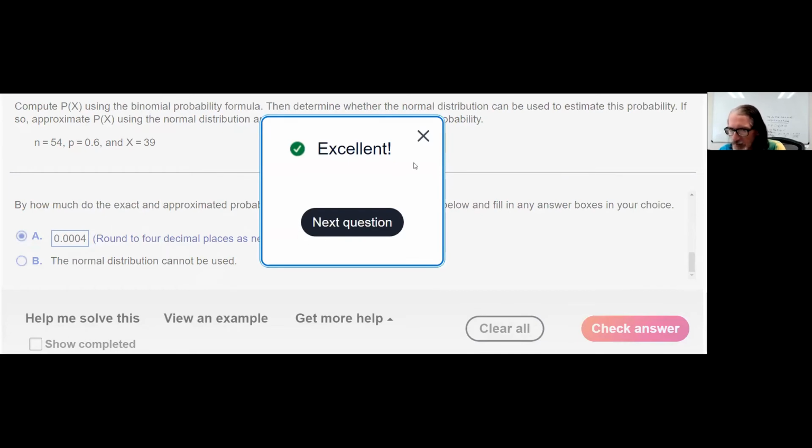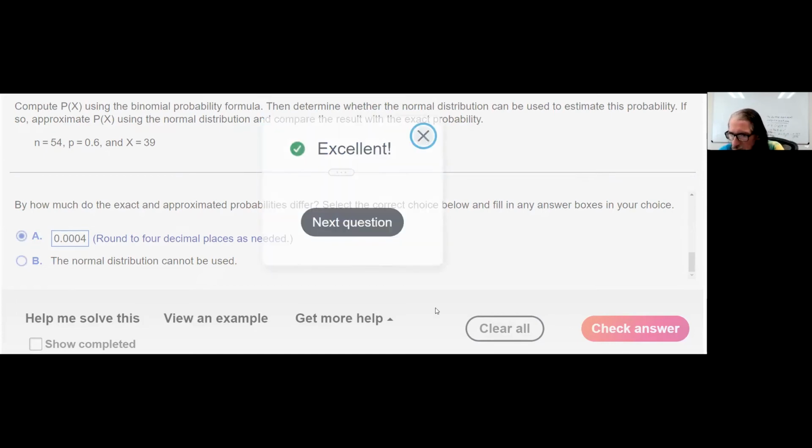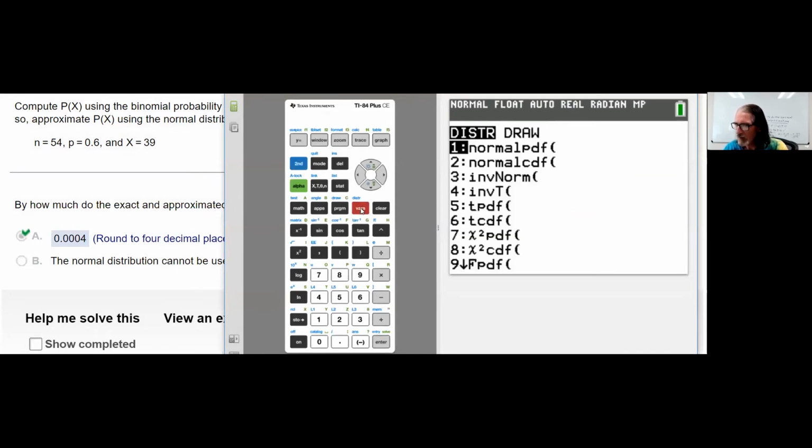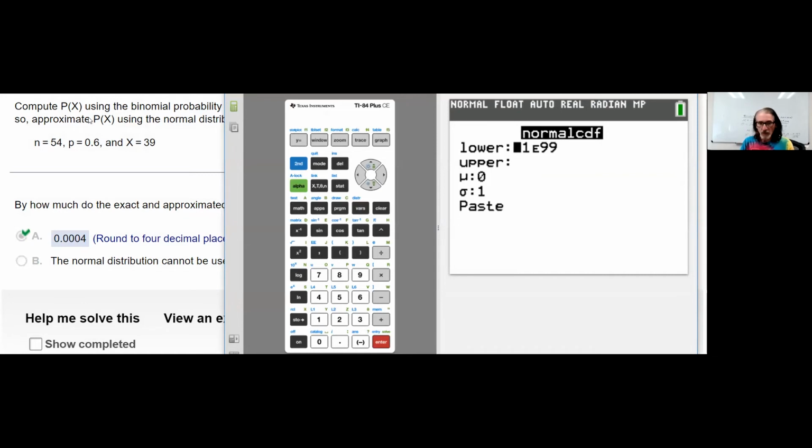Before going on to something else though, I want to show you another option. That would be under our distributions here. Go to normal CDF, and without needing the z-scores, we would be going 38.5 to 39.5. We don't need the z-scores because we've got the mean of 32.4 and the standard deviation being the square root of 12.96.